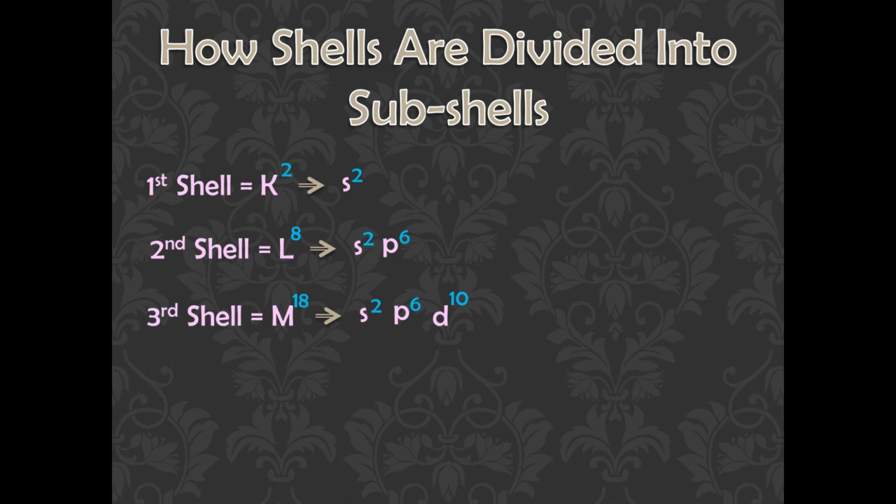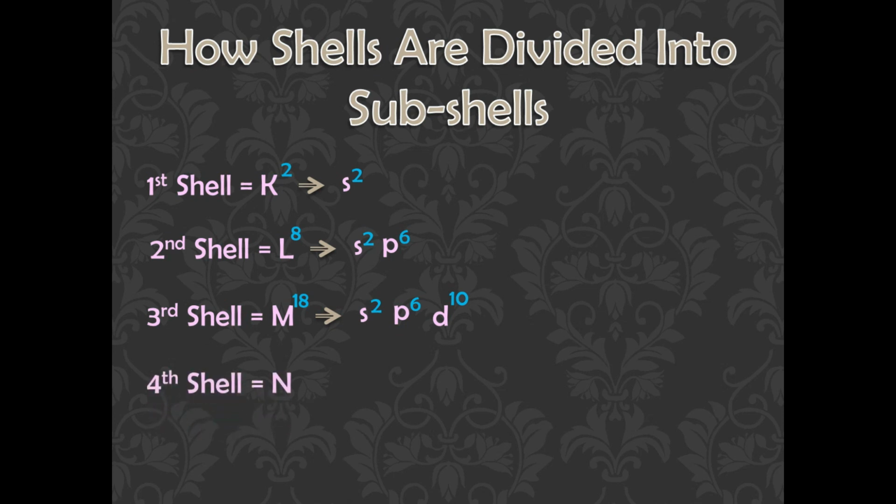So now you see 18 electrons can be accommodated in the M shell, and these 18 electrons are divided in subshells: 2 in its S subshell, 6 in its P subshell, and 10 electrons in its D subshell. So in this way the third shell is divided into 3 subshells.